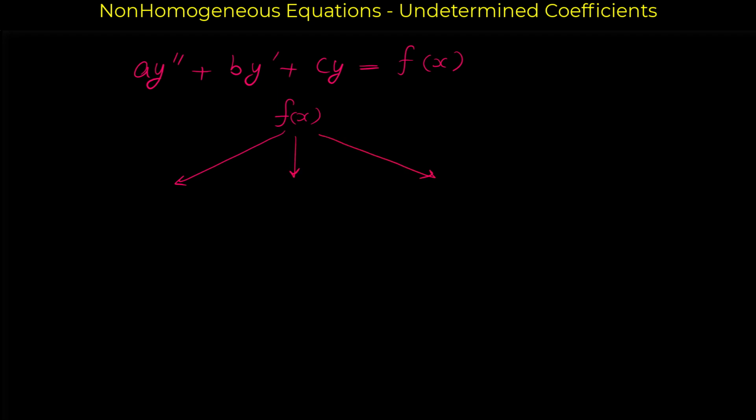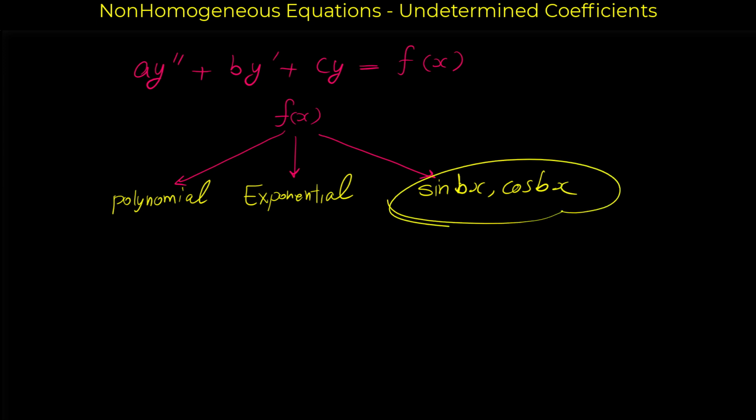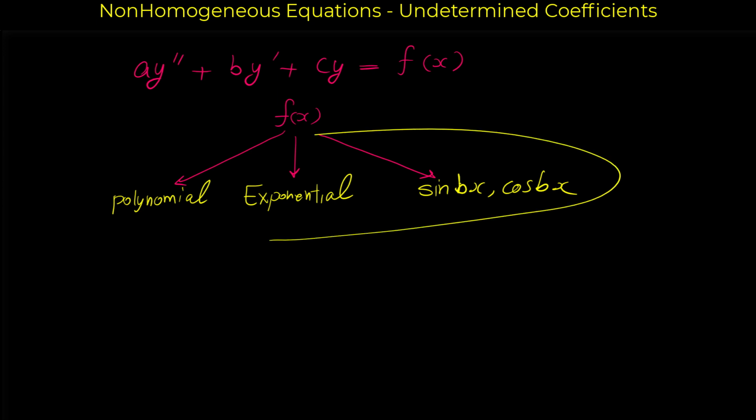F of x can be a polynomial, or an exponential function, or sine, say sine of bx or cosine of bx. Not any trig function, only sine or cosine. So we have a restriction for f of x. If f of x is any function other than these, we cannot apply the method of undetermined coefficients for solving non-homogeneous differential equations.